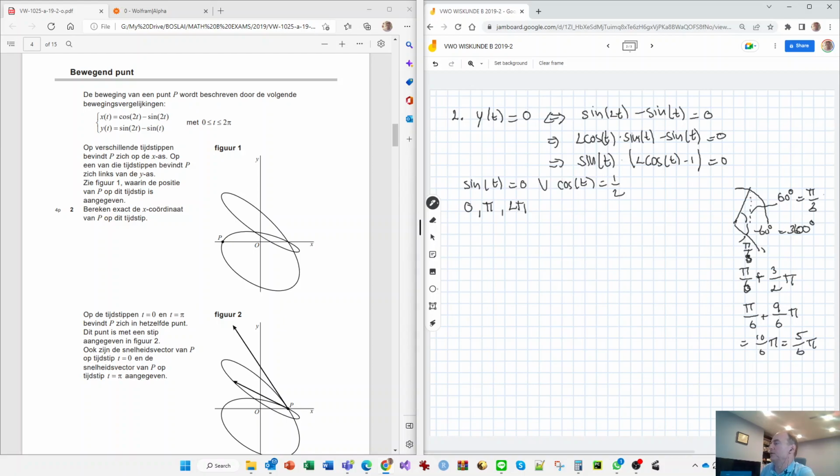Well, you probably already need to know this, or you can also easily check this in your graphic calculator. As a matter of fact, you should probably plug in the original function and double check the answer. So what do we have again? Pi over 3 and 5 over 3 pi.